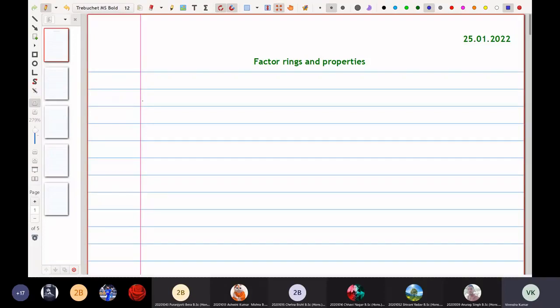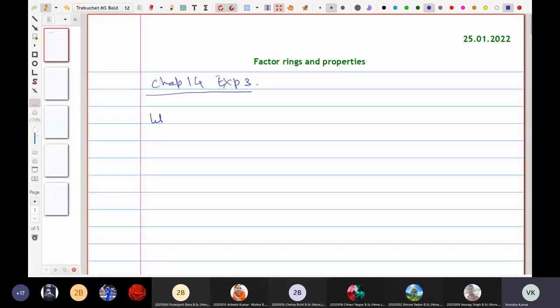You can see this in your book in chapter number 14, example number 3, I guess. In this you can see the proper definition of a principal ideal. But for the sake of completeness, let us see.